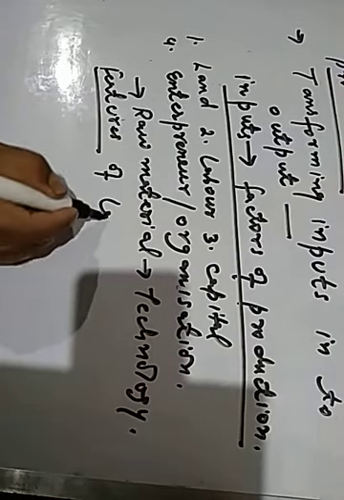Now, these factors of production, these inputs used in the production process, have different features. We will discuss one by one the features of these factors of production. Number one, features of the land. Land is fixed in supply.